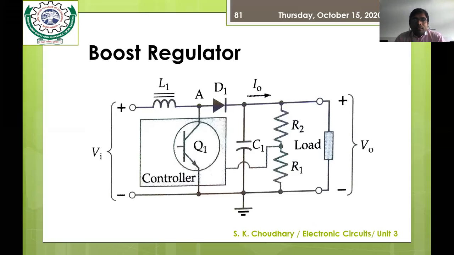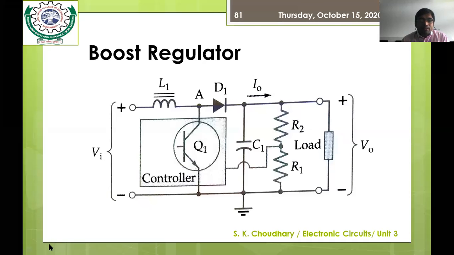You can see here the arrangement of this particular circuitry is a little bit changed as compared to the buck regulator. In this circuitry, the inductor is brought up near the input terminal.